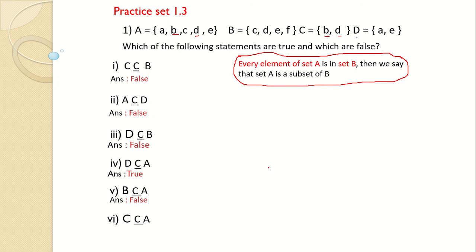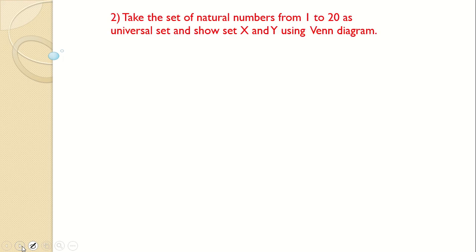Okay, so therefore C is subset of A. That's true. So I think this subset definition must be very clear to you by now. If every element of set A is in set B, then we can say that set A is subset of set B.